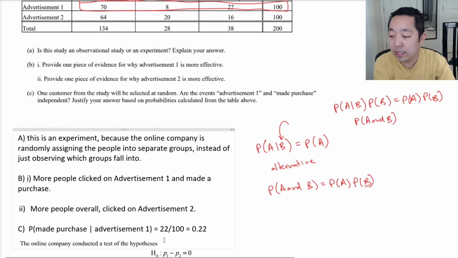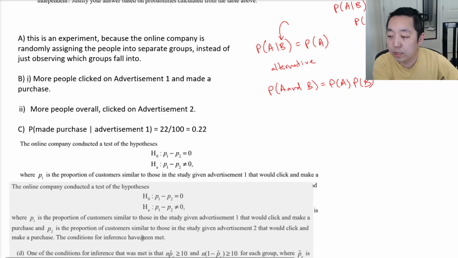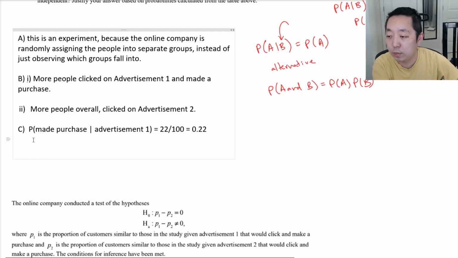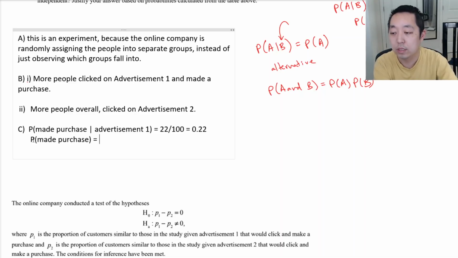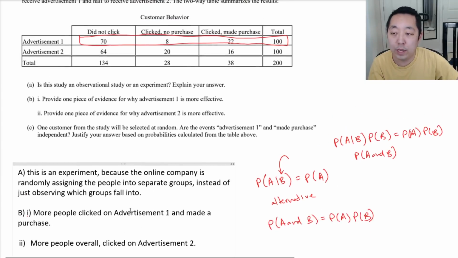Okay, I have the second part of the question below here. Let's calculate the probability that they just made a purchase. Because if I condition on advertisement 1, and if this is still 0.22, then that would be independent. Probably not going to be. But what's the probability they made a purchase?